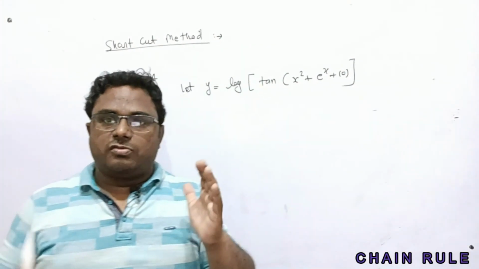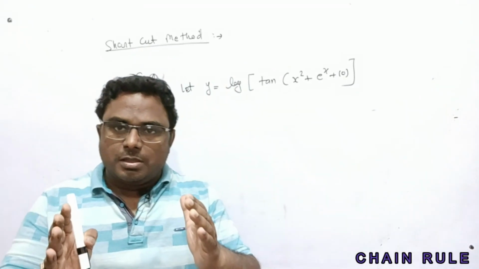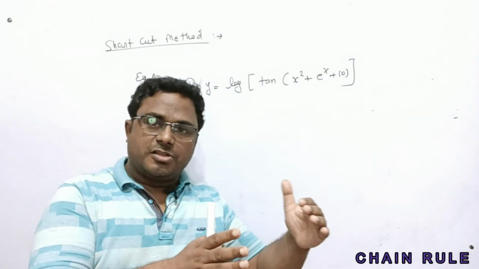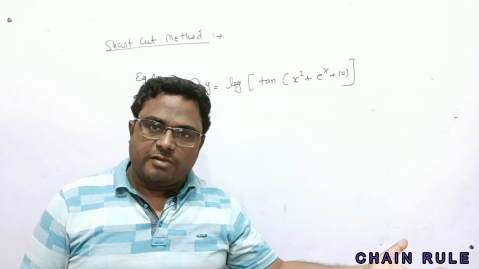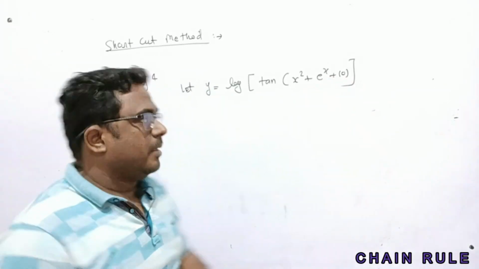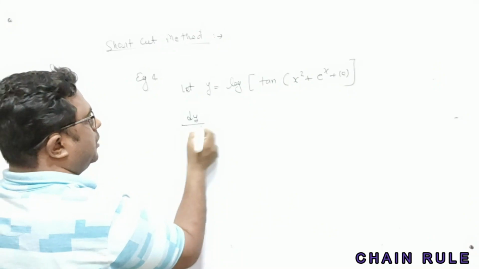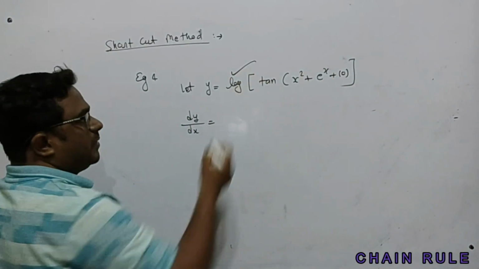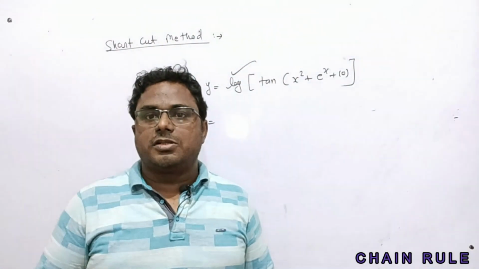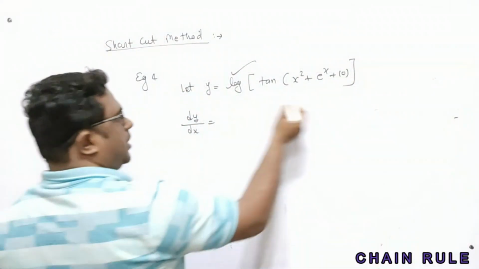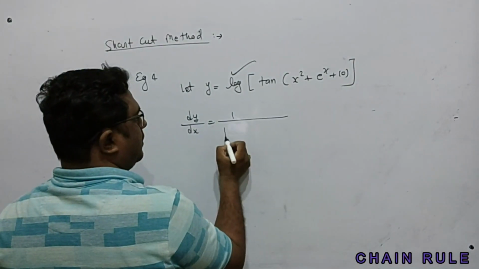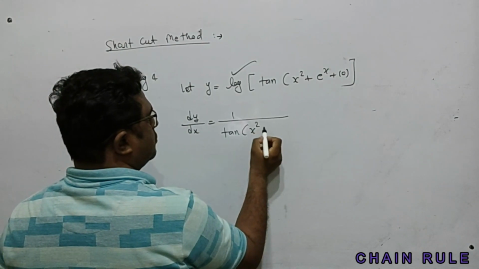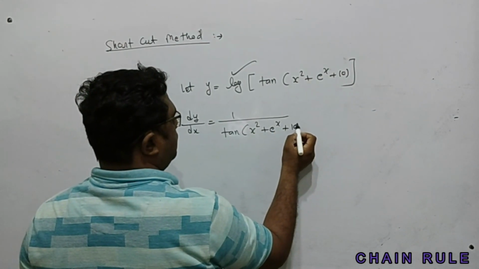According to the chain rule, first of all we do the derivative of the main function, then the derivative of the secondary function, and then the derivative of the third function, and so on. So first of all we will do the derivative of the log function. And what is the derivative of the log function? 1 upon. So its derivative will be 1 upon tan of x square plus e power x plus 10.